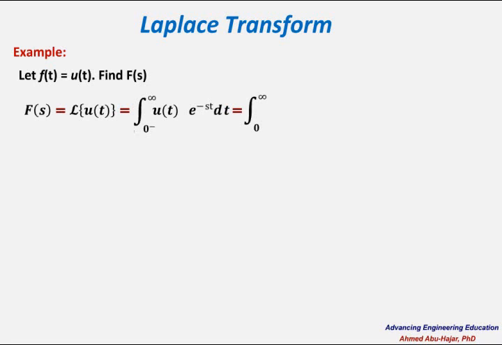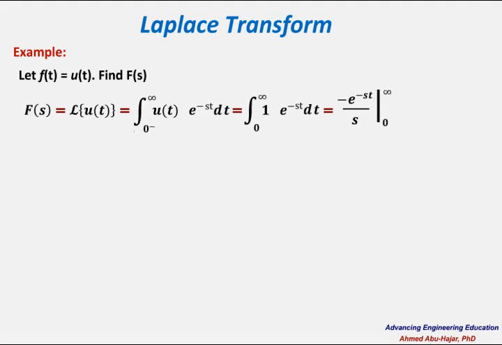And the u of t becomes 1 times e to the minus st dt. Now when we evaluate the antiderivative of this integral, it will equal minus e to the minus st over s, and the limits of the integration will be from 0 to infinity.